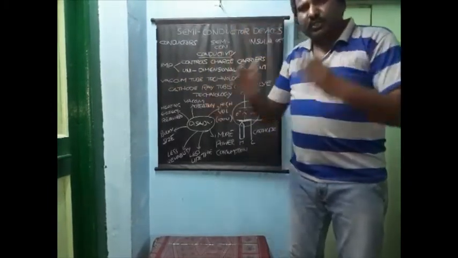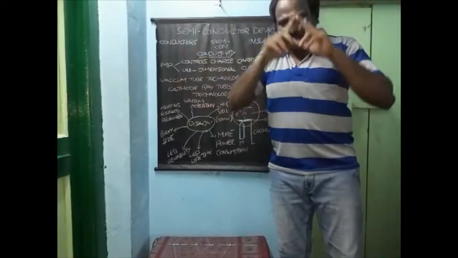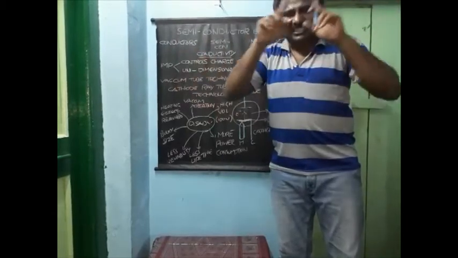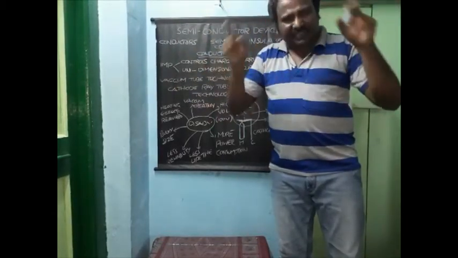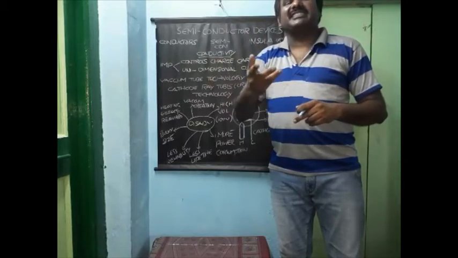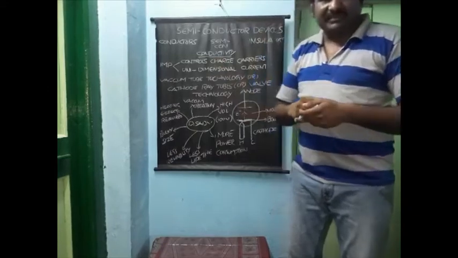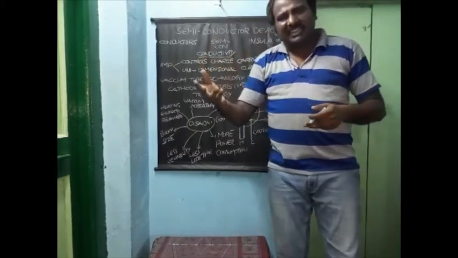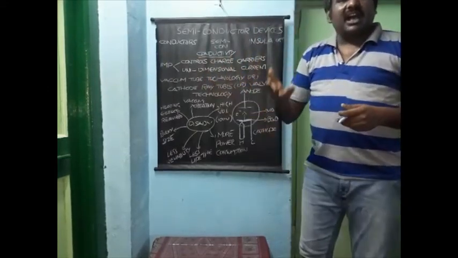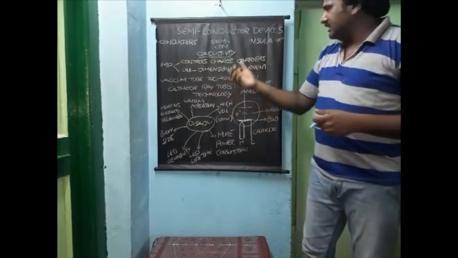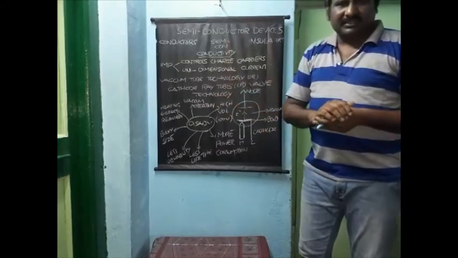Now those TVs have been converted into simple LEDs, simple LCDs. Monitor screens of computers and televisions are purely made with LCDs, liquid crystal display. All these LEDs and LCDs are completely based upon semiconductors.